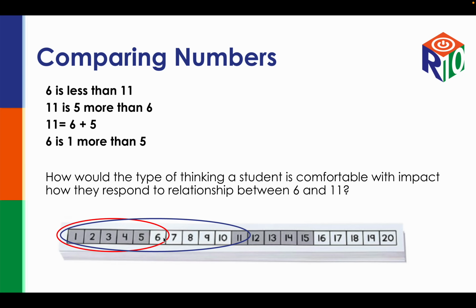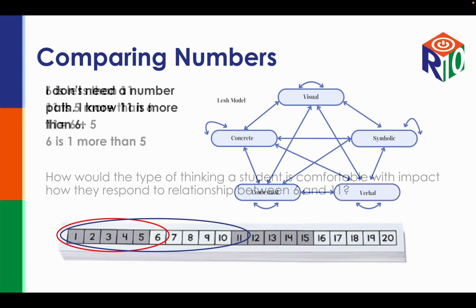And then that 6 is 1 more than 5. So I can see 5 and then 6 here. Like all the different ways and those relationships that we can have. Our divergent thinkers see the beauty in all of the ways that our numbers are related. 6 and 11 are related.